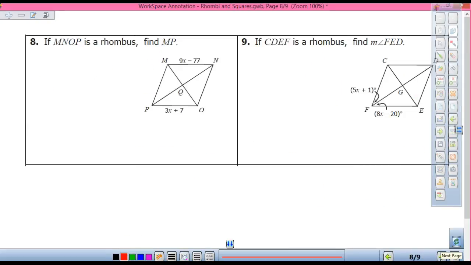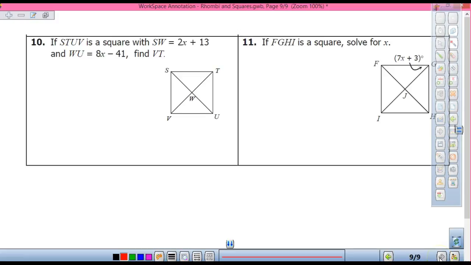What would you do with these guys? Set them equal to each other. What would you do with these guys? Set them equal to each other. SW and WU, what would you do? Set them equal to each other. If this is a square, this guy's going to be equal to 45.